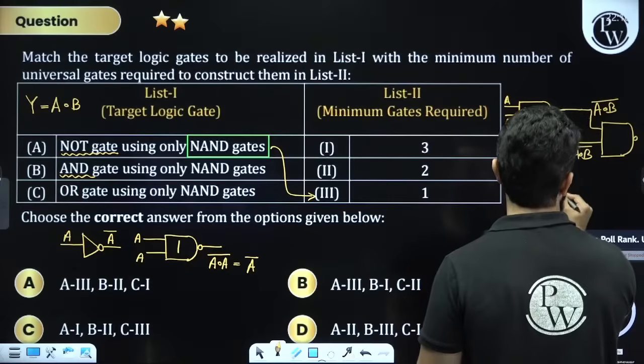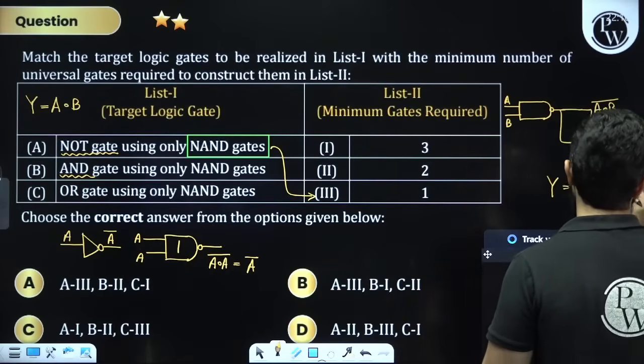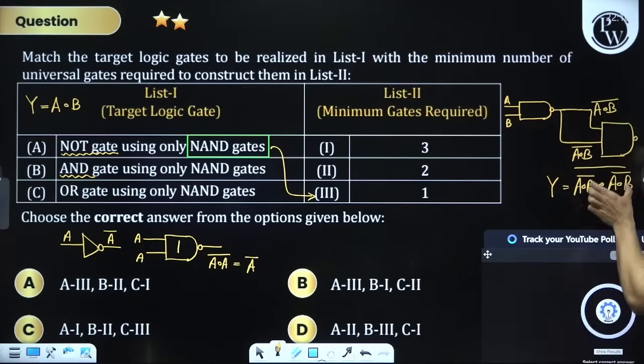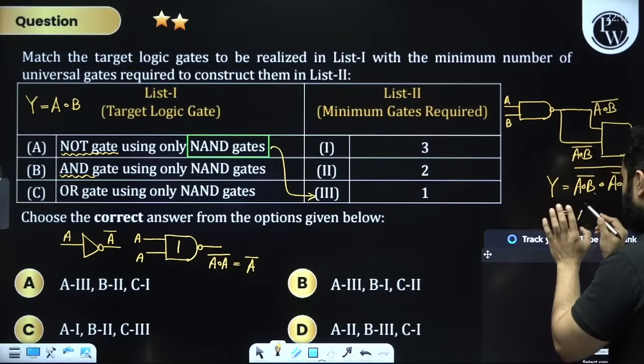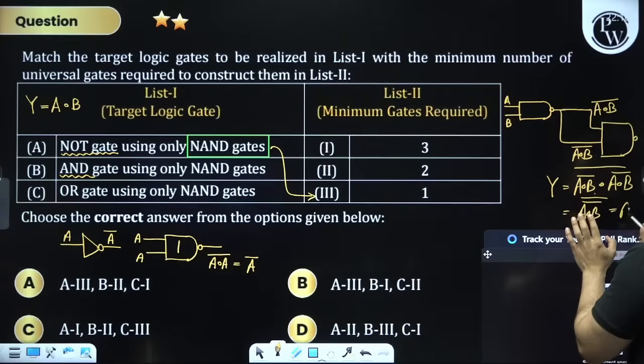So finally the output is going to be ((A dot B) bar dot (A dot B) bar) bar, because this is NAND. Again you are going to do the same thing. Let's suppose this is some X. X dot X will be X. So this will be ((A dot B) bar) bar. That means A dot B.